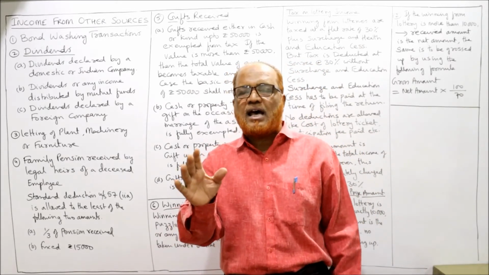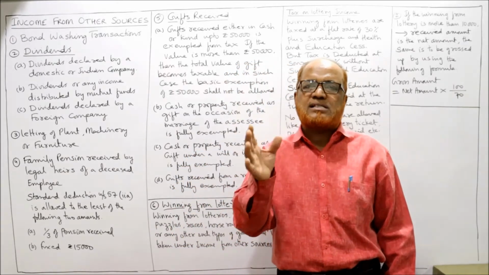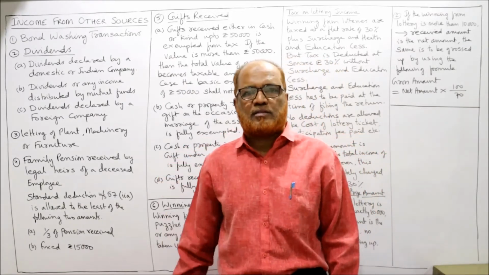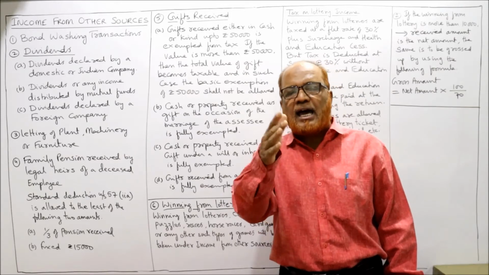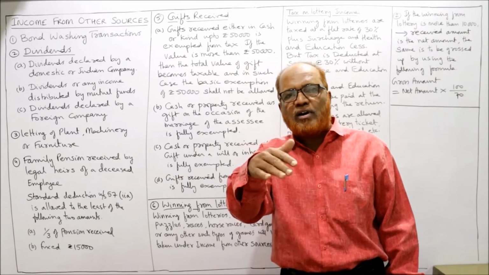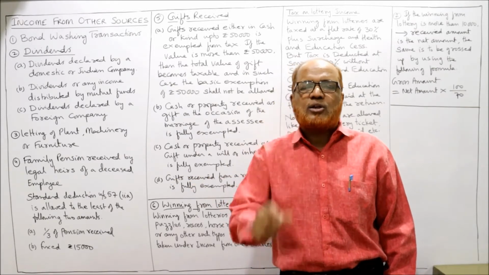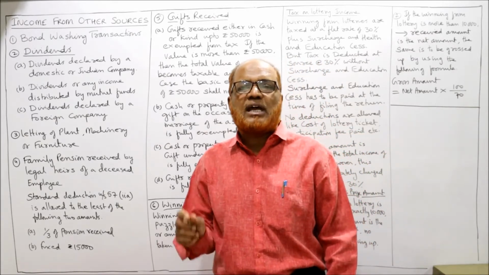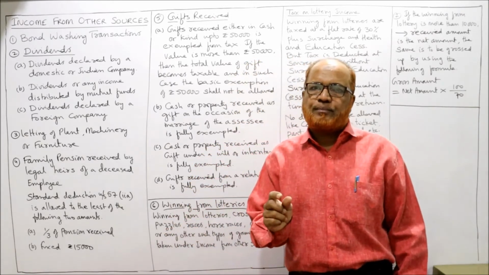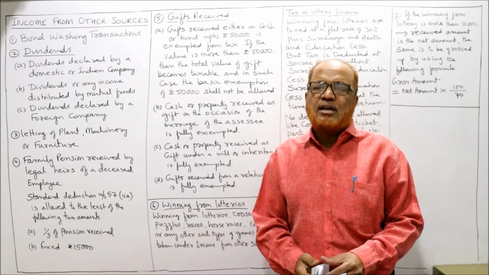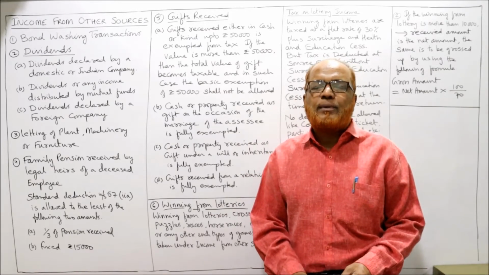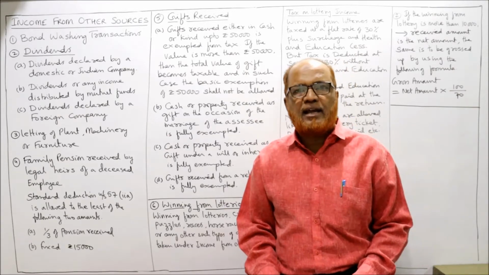Suppose a person has received 12 lakh rupees as dividend income from domestic companies, the Income Tax Act says up to 10 lakh rupees is exempted. The excess amount over 10 lakh, that is 2 lakh rupees, is taxable at the flat rate of 10% along with surcharge and health and education cess. This is regarding dividend from a domestic or Indian company.